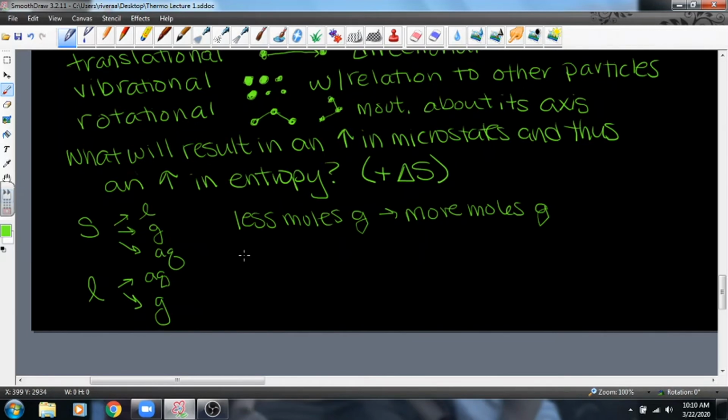What else will increase entropy? Let's talk about some of the other factors. The more motion that they have, the messier they are. So increases in temperature or increases in kinetic energy will increase the disorder of a system. If you increase the volume of the container, now they've got more possible places to be in, if we're talking about a gas.